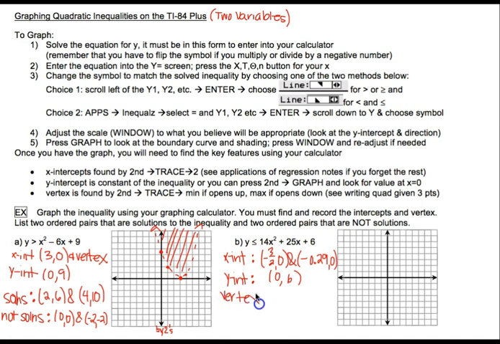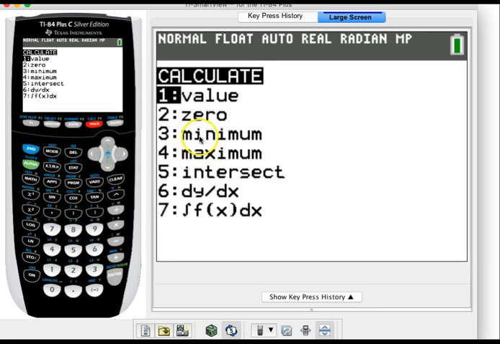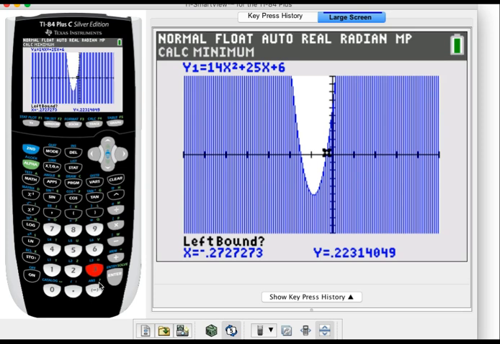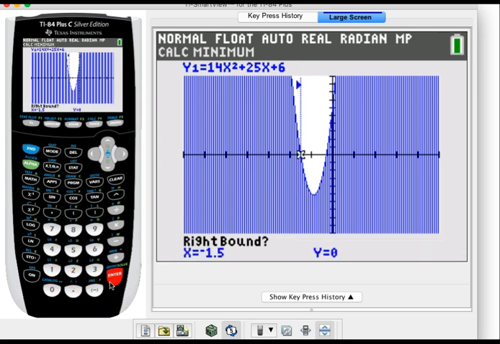So now I need to find my vertex. So go back, second trace. My vertex this time is a minimum, so choice 3. Left of the vertex would be -1.5. Right of the vertex would be 0.